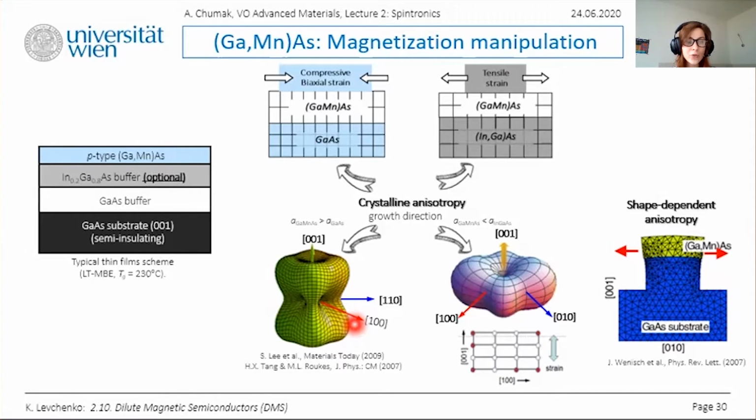The crystalline anisotropy depends on the growth direction in such a way that if we grow gallium manganese arsenide on top of gallium arsenide, for example, we are forcing the gallium manganese arsenide, with lattice parameters larger than the layer below, to fit to the layer of gallium arsenide. Thus, we are introducing a compressive biaxial strain.